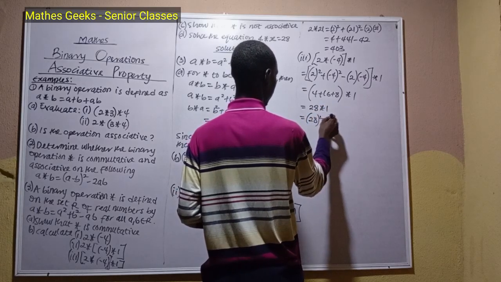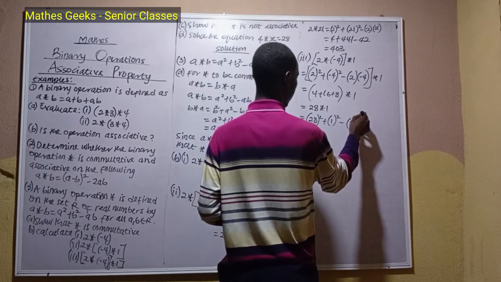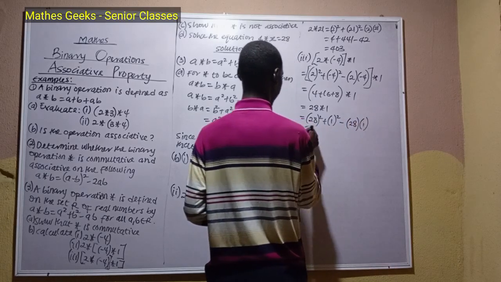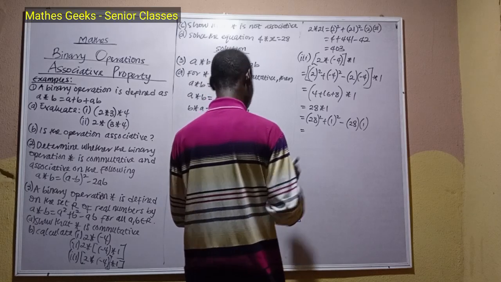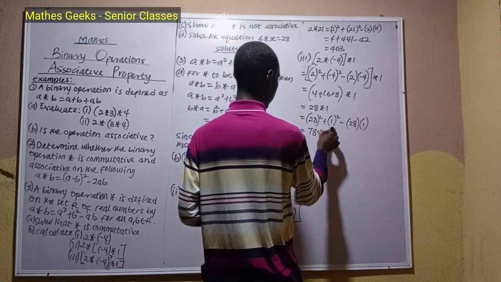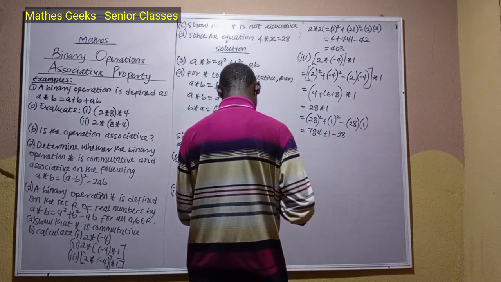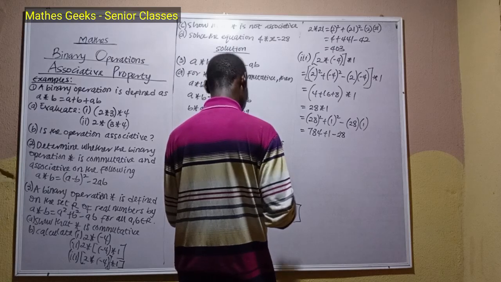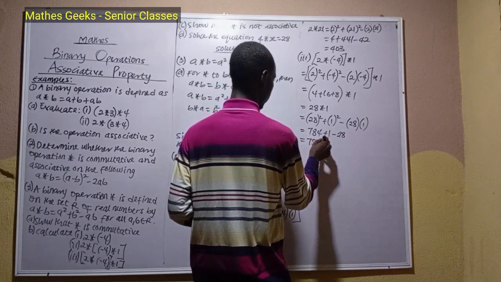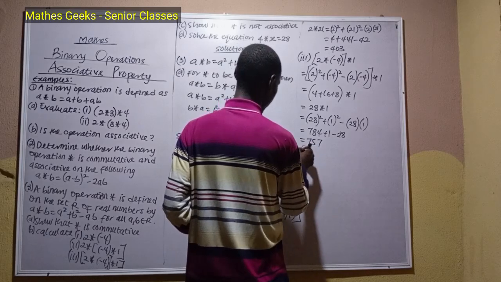That is 28 squared plus 1 squared minus 28 times 1, which is 784 plus 1 minus 28, giving 757.